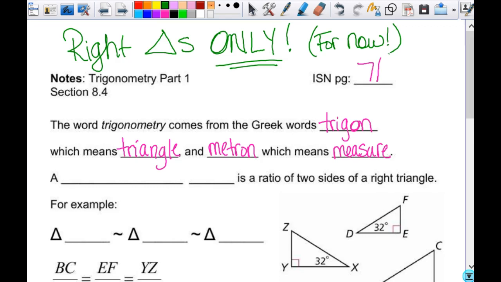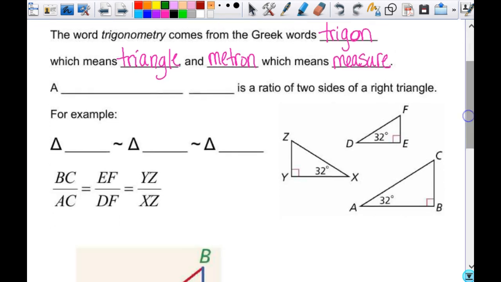And we do this just like you do most similar triangle stuff with ratios. And the ratio in math, what does the word ratio usually mean for us? Fraction. Ratio should make you think of a fraction. It's a comparison of two things, but mathematically, fraction is where your brain should go. So it's a ratio of two sides of a right triangle. The ratio that we are going to use is what's called a trigonometric ratio.